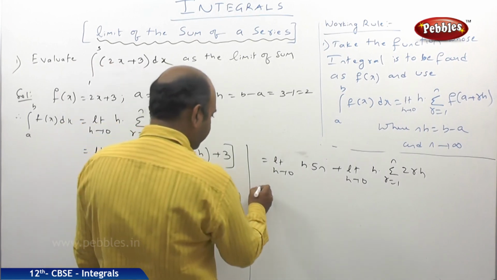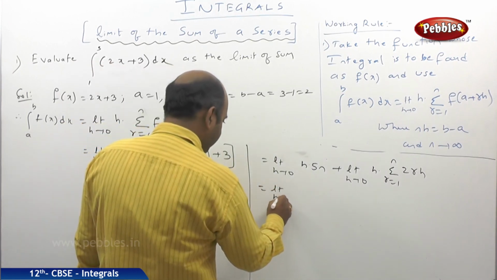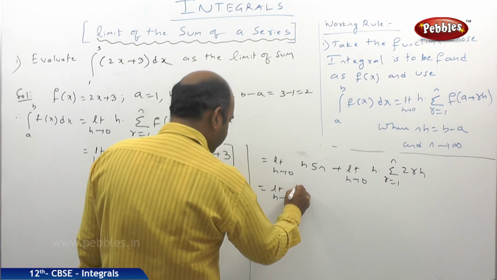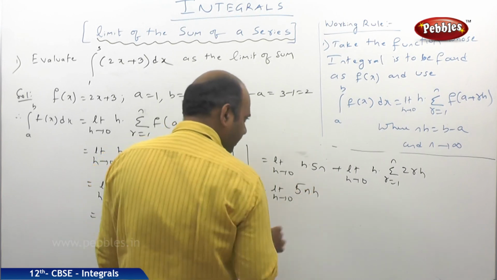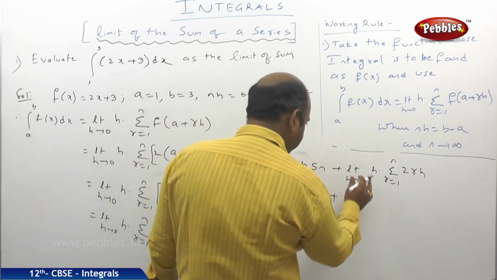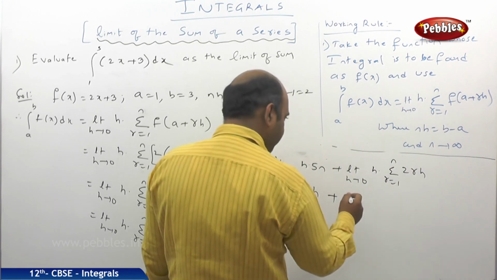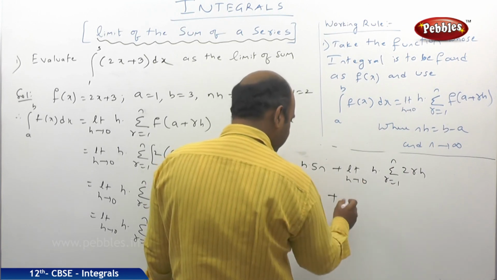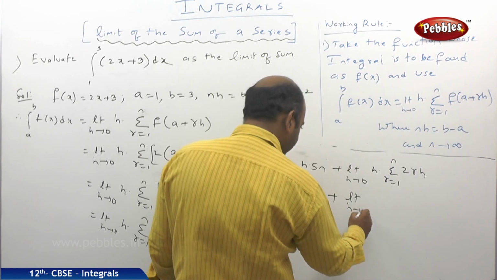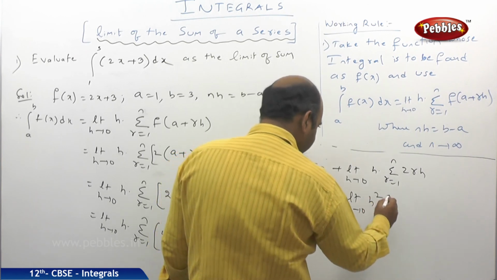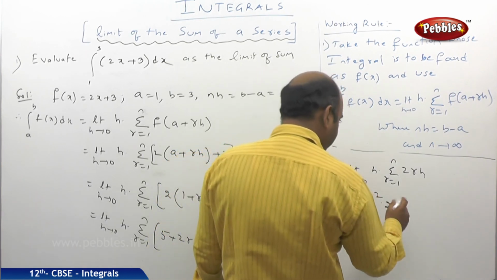So later, limit h tends to 0 of 5nh plus, h will be coming outside. h coming outside means h square, because here we are going to apply limit h tends to 0. This is h square, and 2 will be outside.